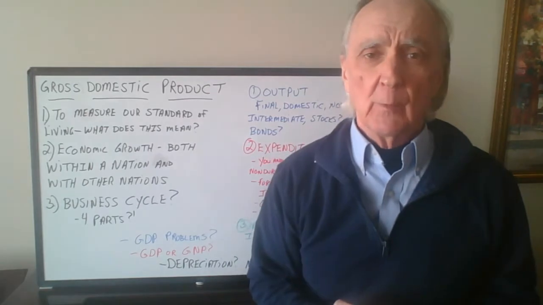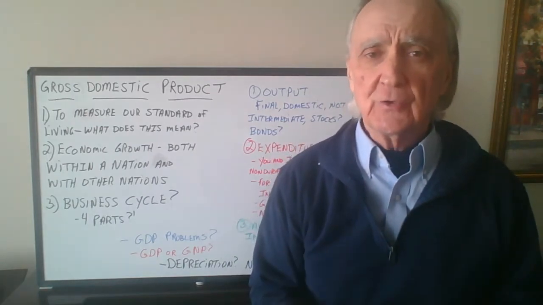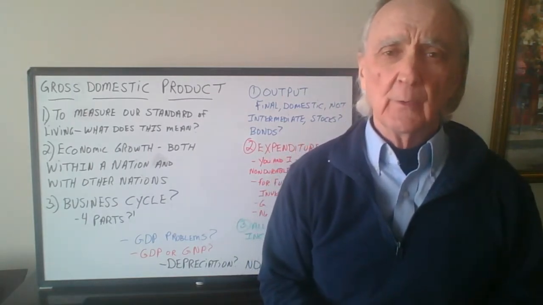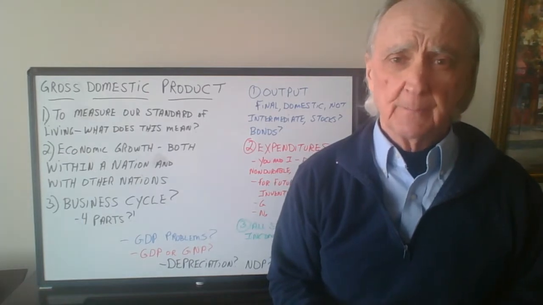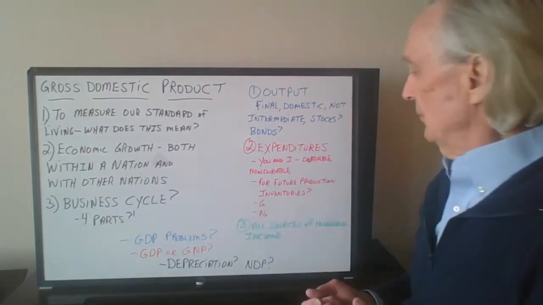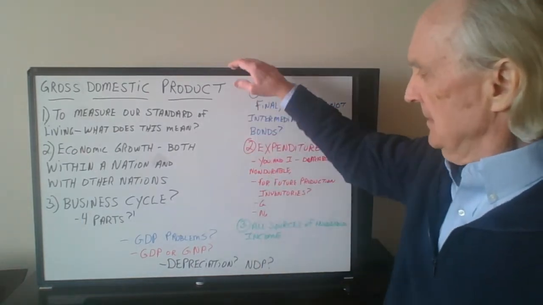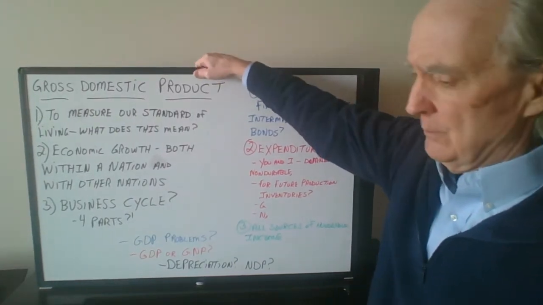So when we take into consideration depreciation, we have what is known as net domestic product. Okay? And that will take us through the first two, and we will go on to the next questions we've got.